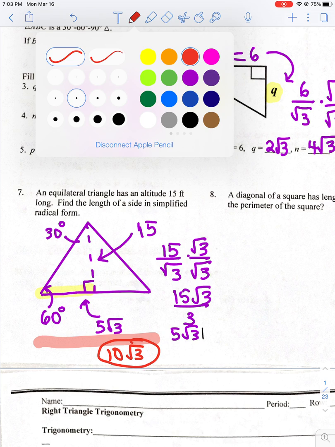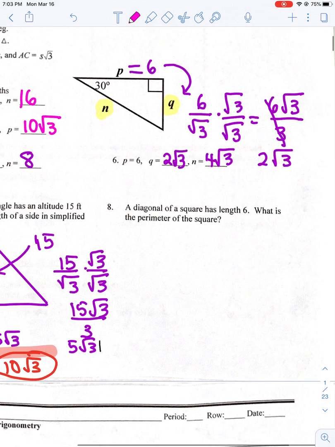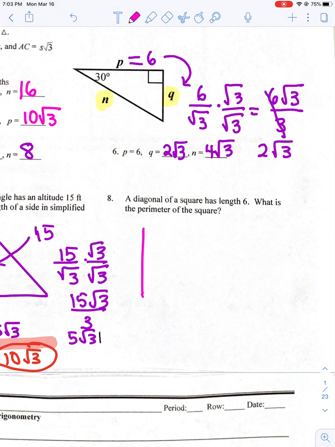Let's go ahead and shift over to the next and last example. On this next and last example, we are given the diagonal of a square. So if we think square, let's go ahead and make a square.